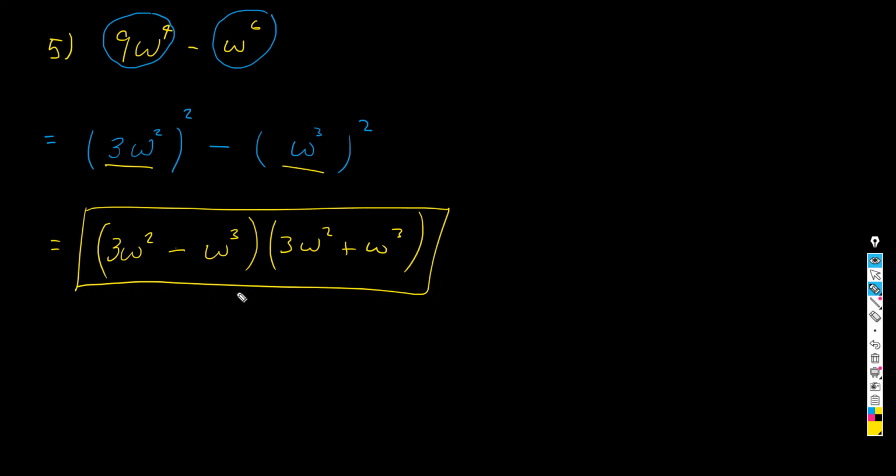If you don't believe me, or if you don't believe yourself, or if you have a doubt at the end of any specific problem, now go backwards. Multiply this product of conjugated binomials, and you should be getting this, okay? And in fact, you will know. You will notice that this is the same as this. So this is the correct factorization of this difference of squares. Let's go to the next example.